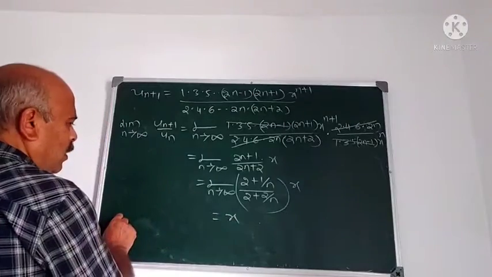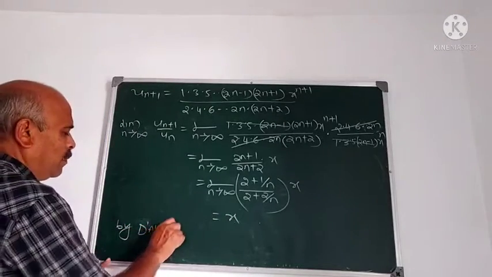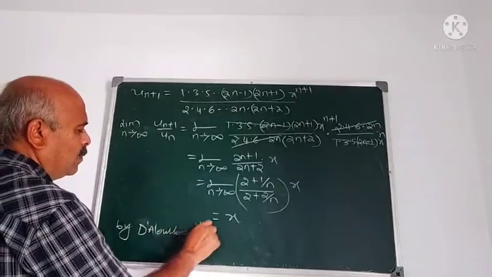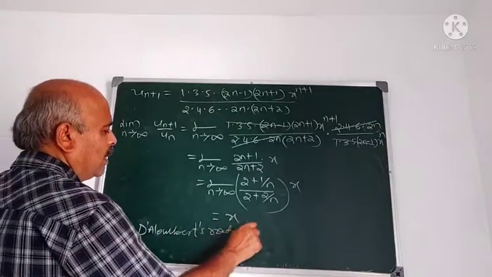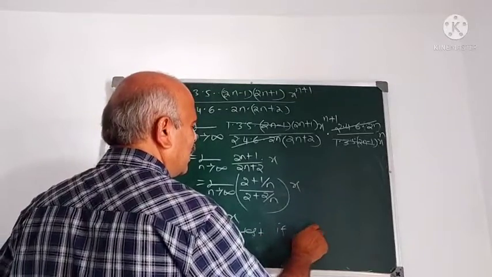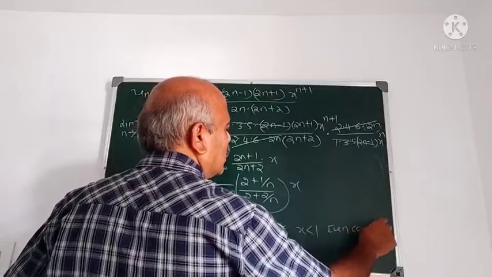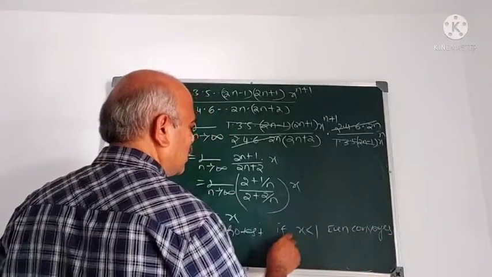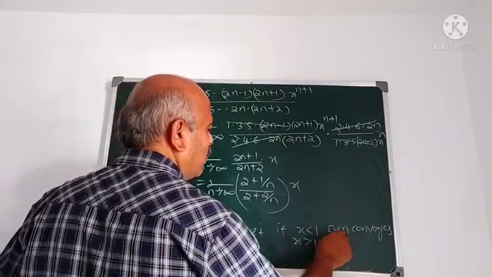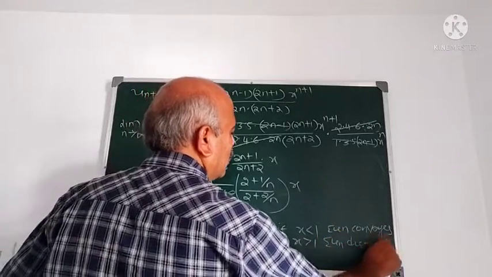Now by D'Alembert's ratio test, if x is less than 1, sigma un converges. If x is greater than 1, sigma un diverges.